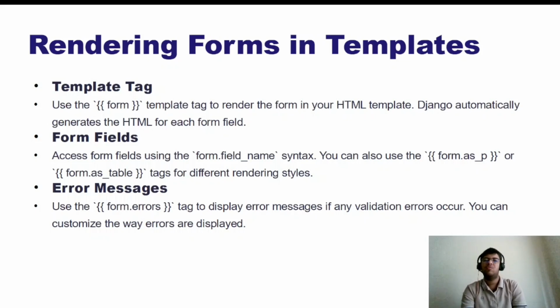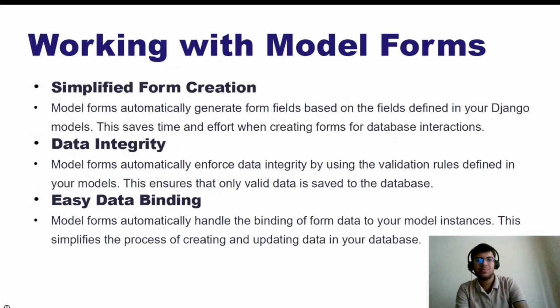To access form fields you use the form.field_name syntax, such as form.as_p or form.as_table for various rendering styles which you want. Next are error messages. It uses form.errors to display your errors if there are any validations to be done. Now these can be customized if the user wants to change them.